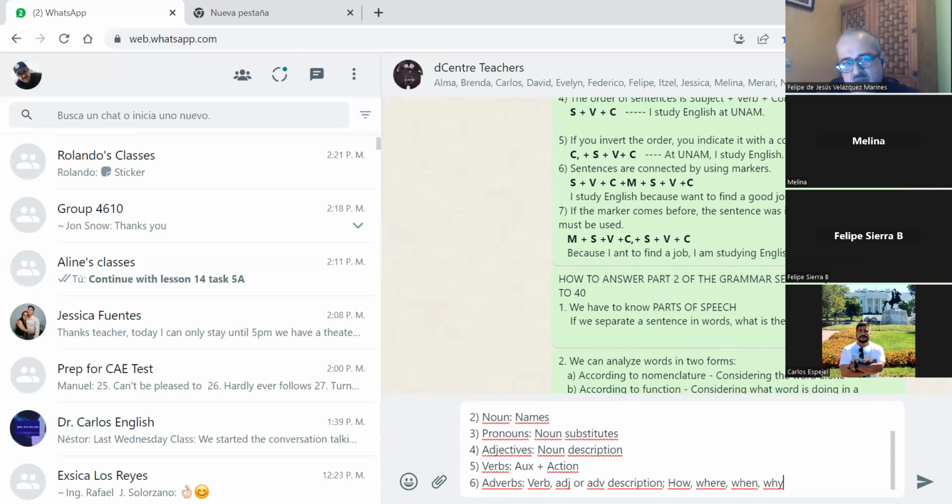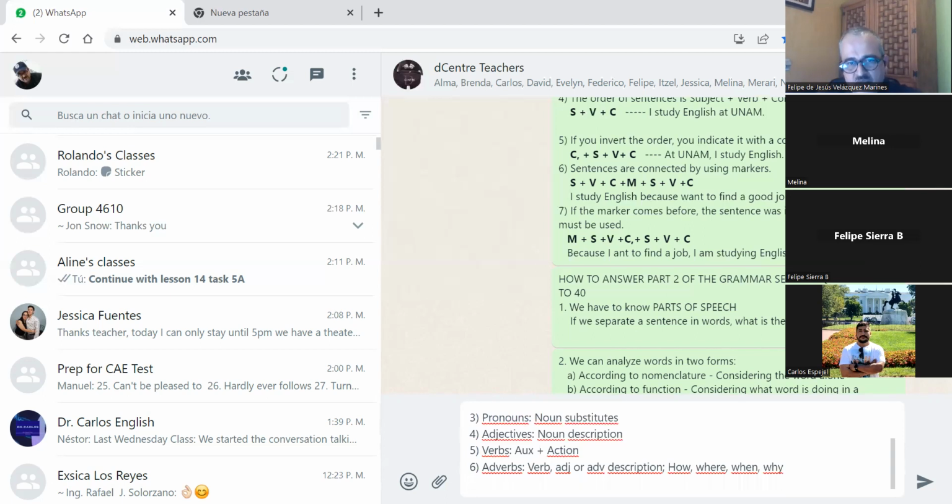For example, she runs how? She went fast. How fast? Very fast. He is intelligent. How intelligent? Very intelligent. Or not quite intelligent. Here an adverb describes another adverb, and "quite" is describing an adjective, intelligent.